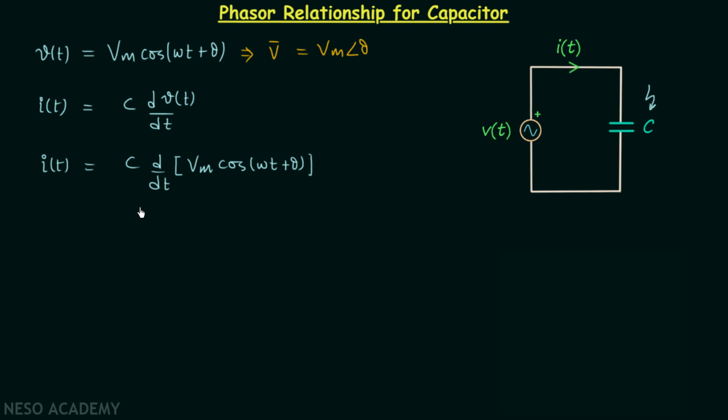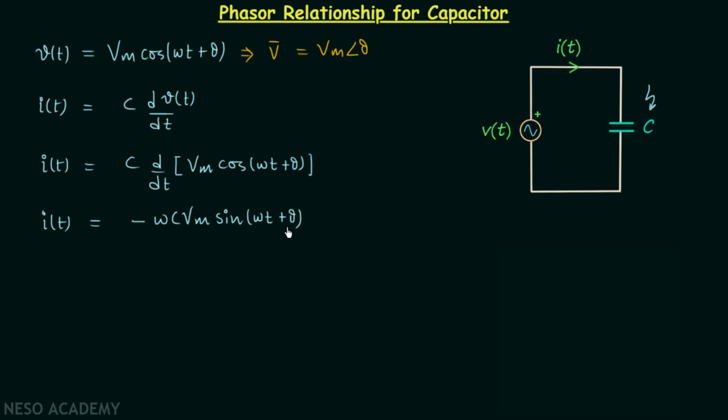Vm is constant, and therefore we can take it out of differentiation, and differentiation of cos(omega t plus theta) will be negative of sine(omega t plus theta) multiplied to omega. So in the next step, we will have current i(t) equal to negative of omega C Vm sine(omega t plus theta).